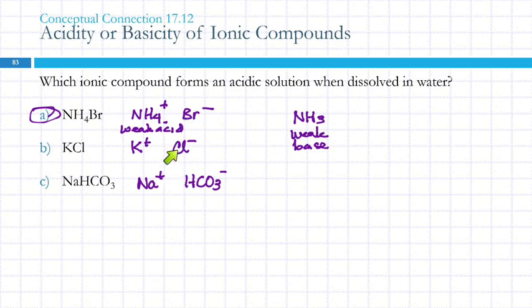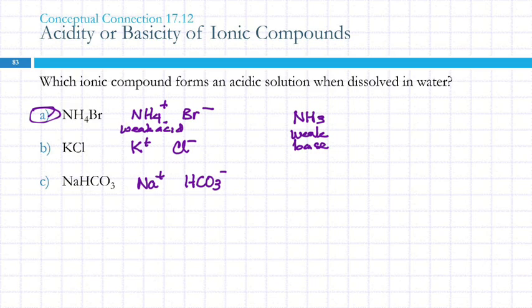This is also from a strong acid, not going to act as a base. So we need to look for it to act as a base for it to be an acid? Because of how they're asking the question, they're asking which one forms an acidic solution. So it's the cation that could possibly be acidic, and that's why I just looked at the cations. And this was the only one that can act as an acid.